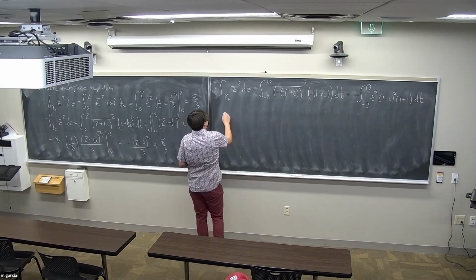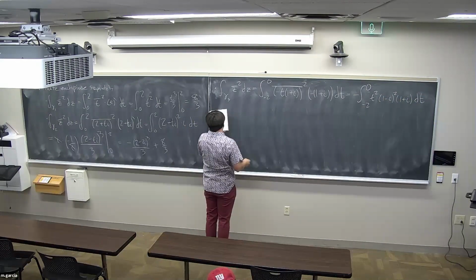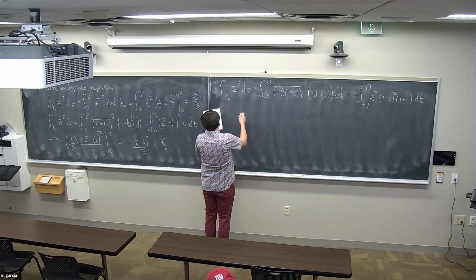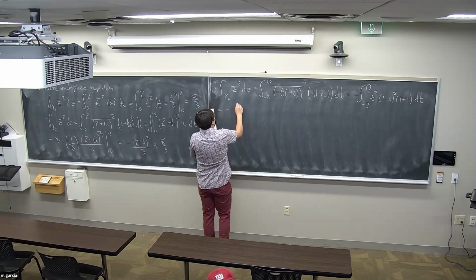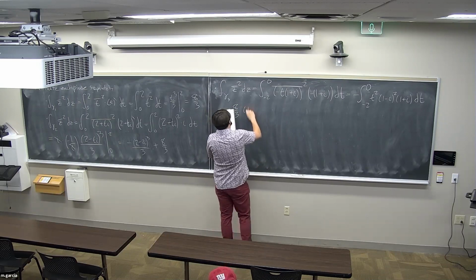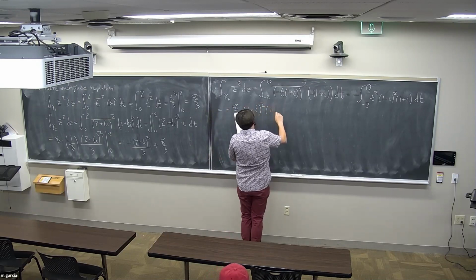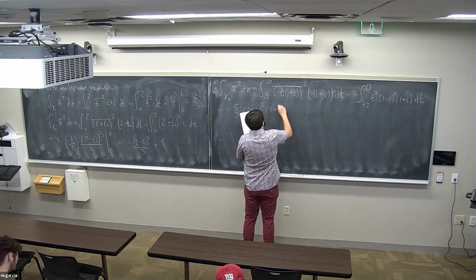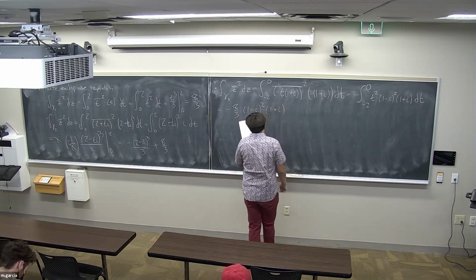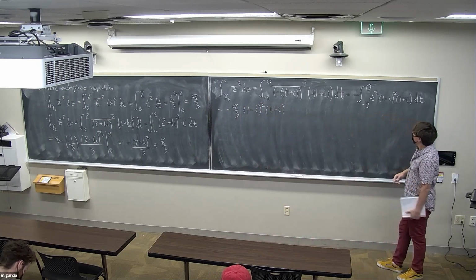Okay, so altogether, what does this give me? Negative 8/3 times (1 minus i) squared times (1 plus i). Right. Sorry.